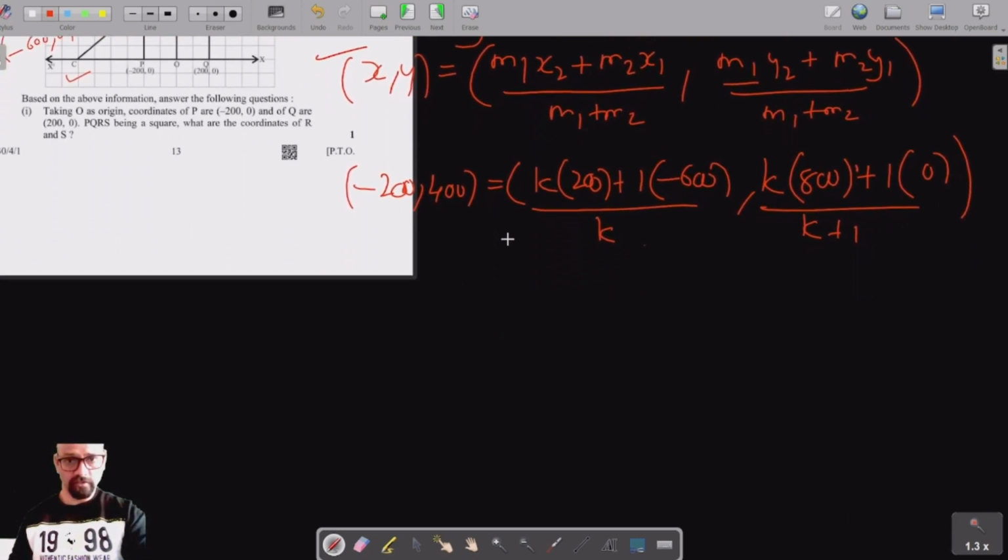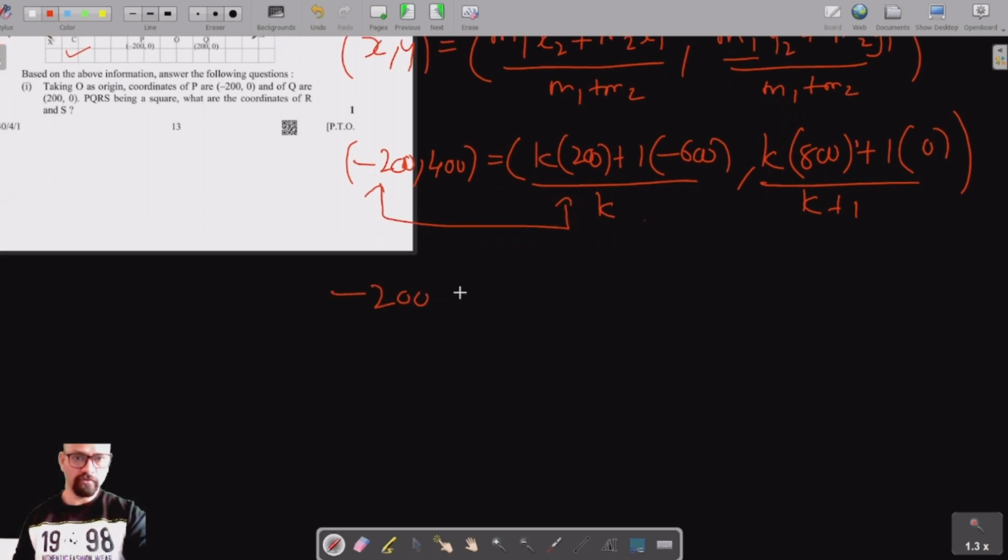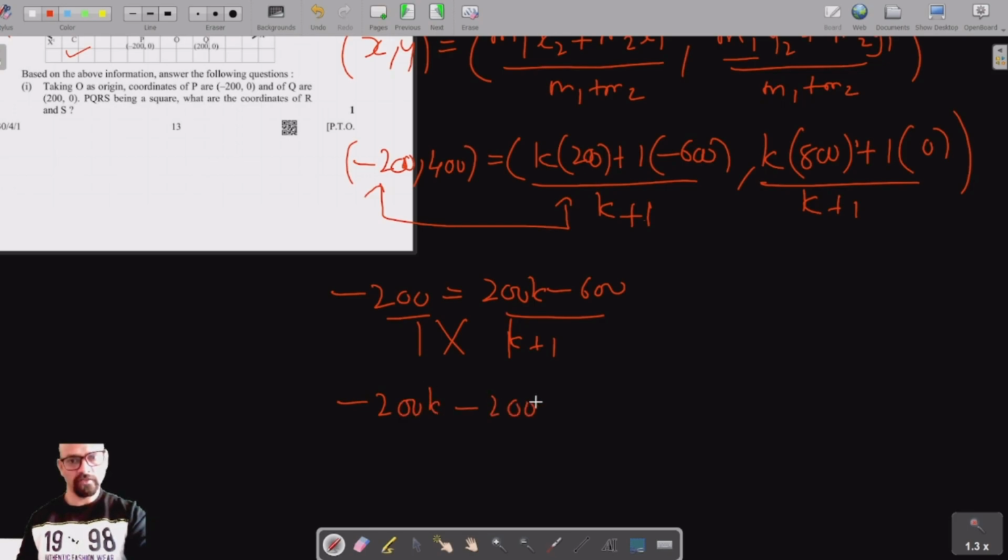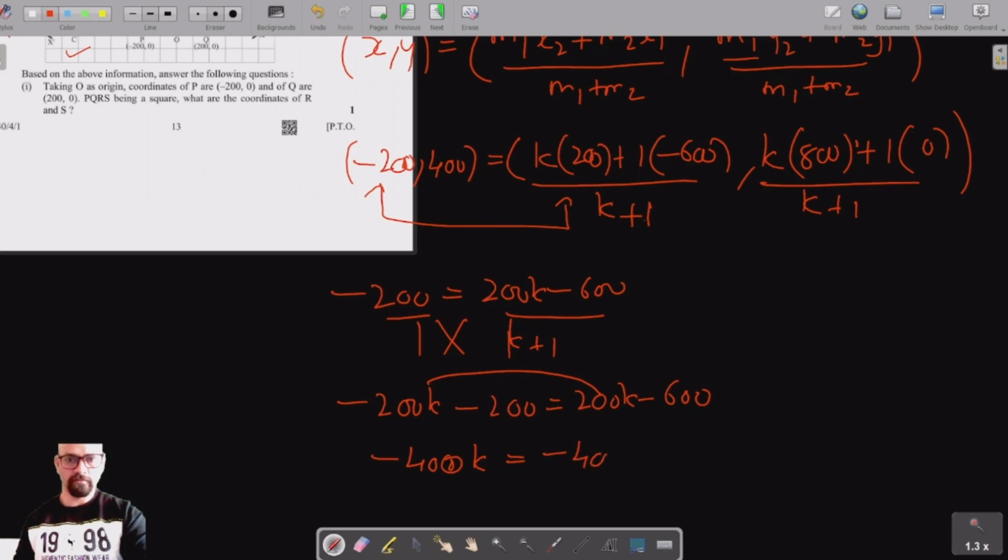Now we can use either of the values here. So let's try to equate these two. This is minus 200, which is equal to 200k minus 600 by k plus 1. If we cross multiply this, it gives us minus 200k minus 200 is equal to 200k minus 600. So this gets shifted to this side, which is minus 400k, and minus 600 plus 200 is minus 400.